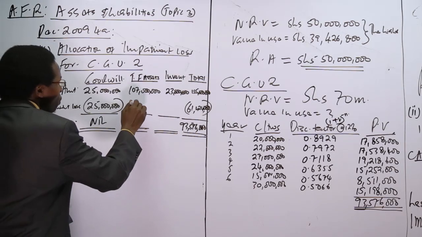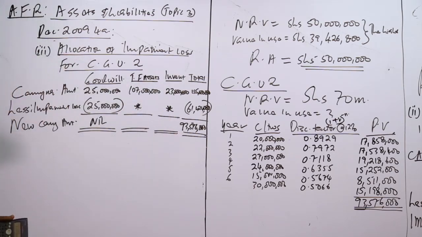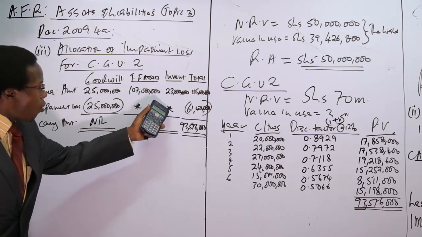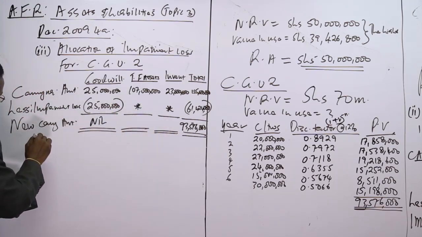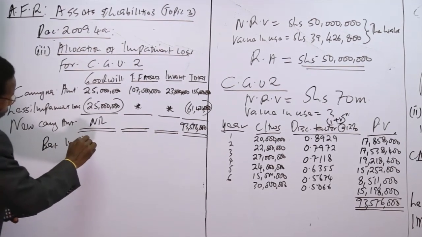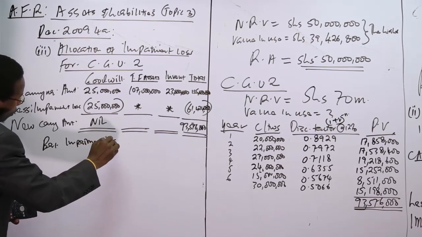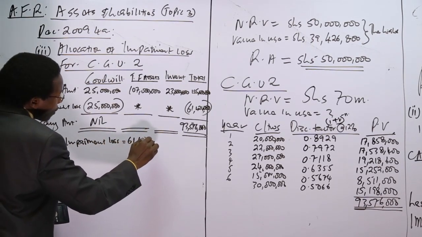So how much will be this and how much will be these two items? That one we apportion appropriately. First we write off goodwill as we said, and these we now apportion. We come and say the balance impairment loss is the 61,424,000.